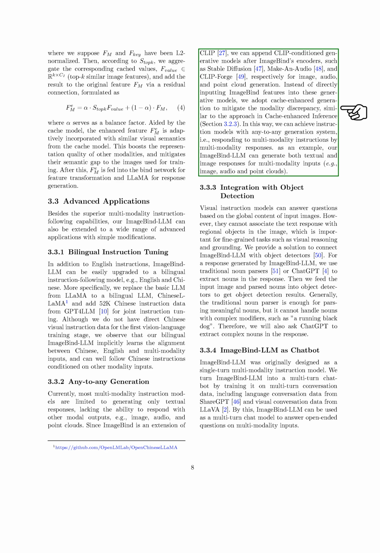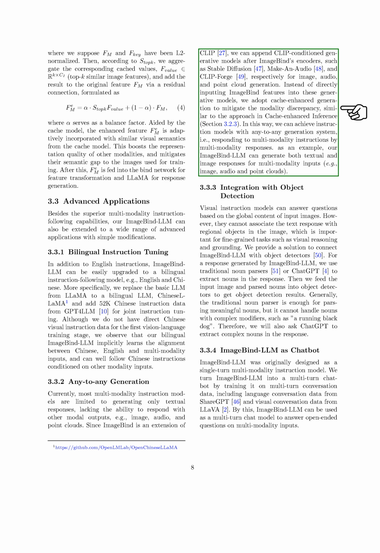However, we're developing a system called ImageBind, which is an extension of CLIP. This system allows us to add CLIP-conditioned generative models to ImageBind's encoders. These models include Stable Diffusion for image generation, Make-an-Audio for audio generation, and ClipForge for point cloud generation. Instead of directly feeding ImageBind features into these generative models, we use a method called cache-enhanced generation.